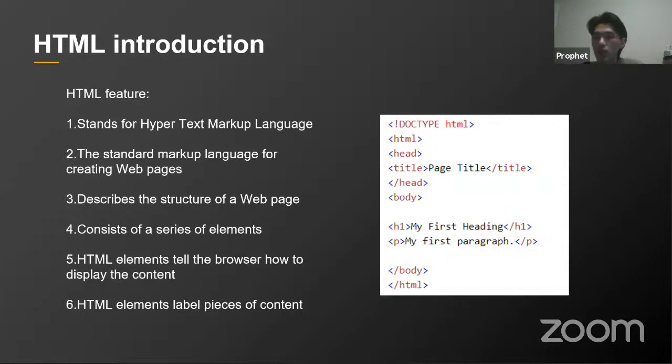You can use tags to define elements, and there are so many elements that I will introduce to you later. The other thing in HTML is text. Text is the basic element.